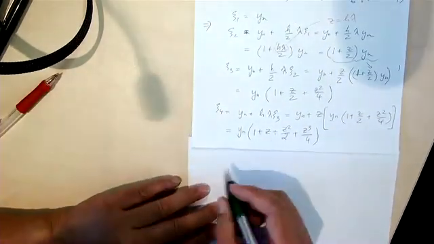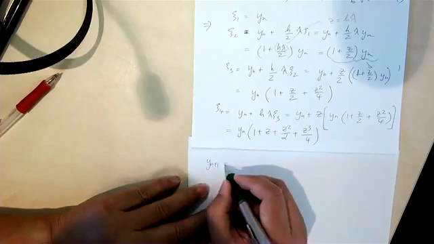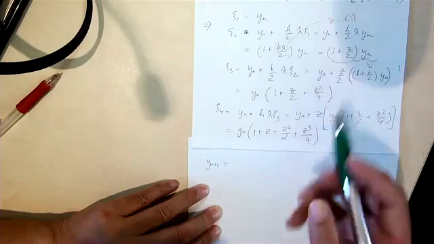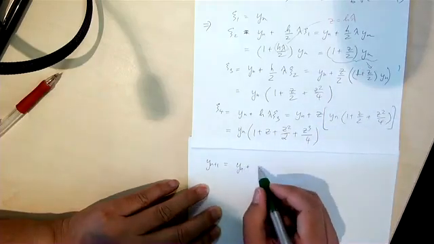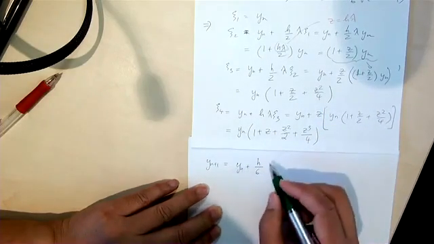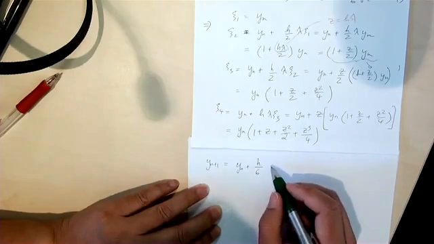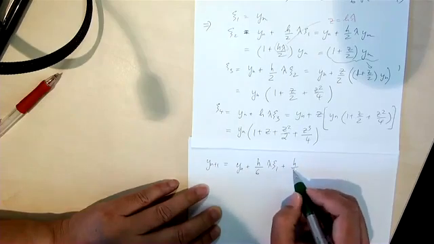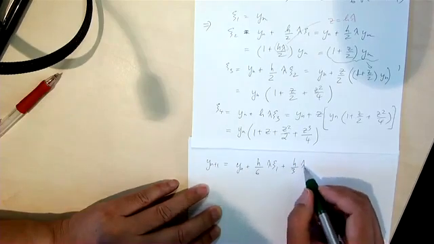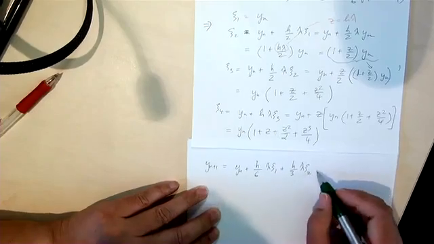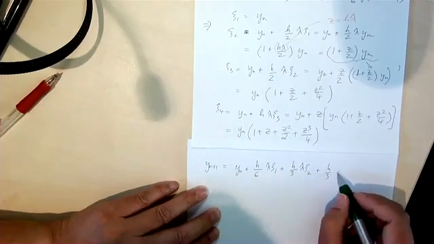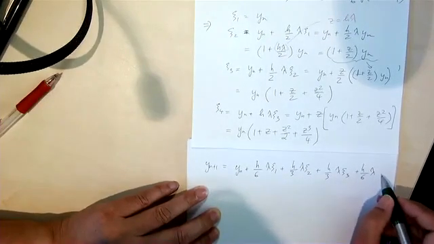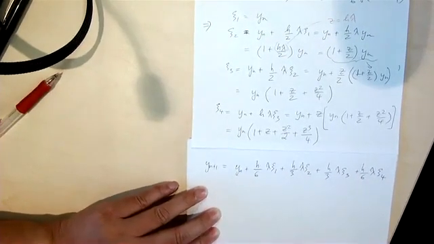According to this formula, my yn plus 1 will be yn plus h over 6 lambda xi 1 plus h over 3 lambda xi 2, plus h over 3 lambda xi 3 plus h over 6 lambda xi 4, right?